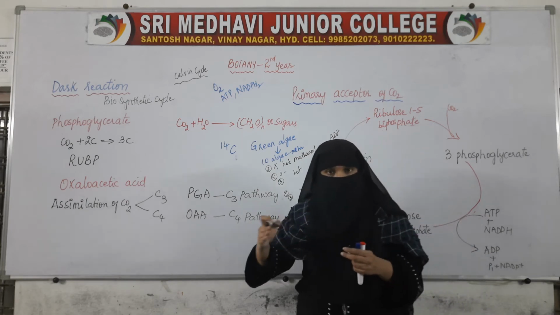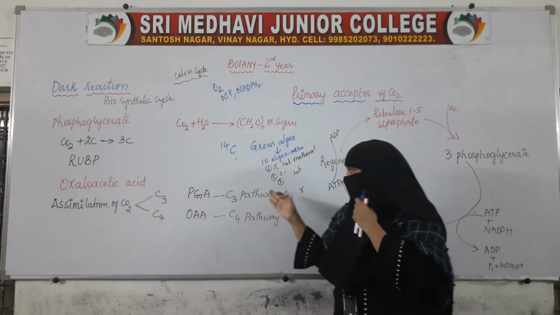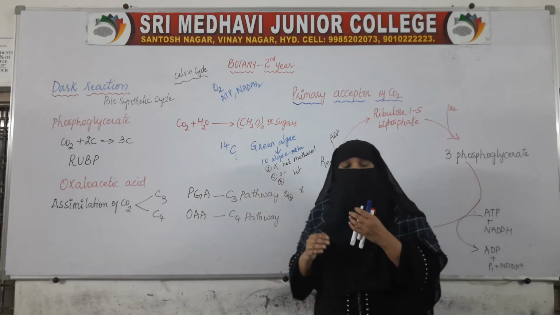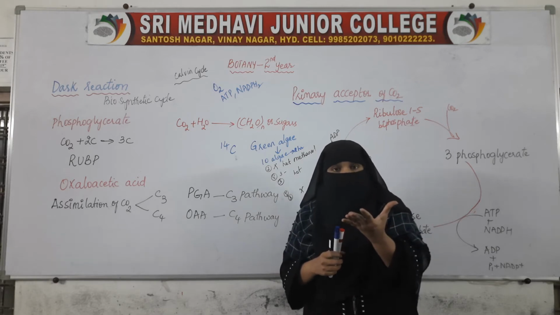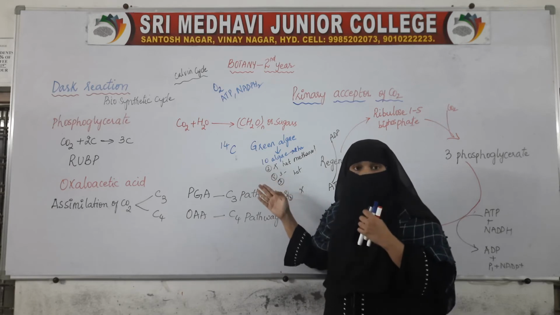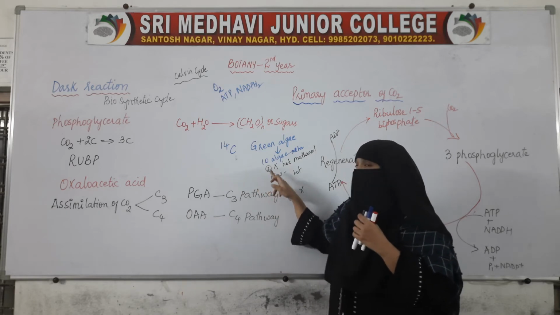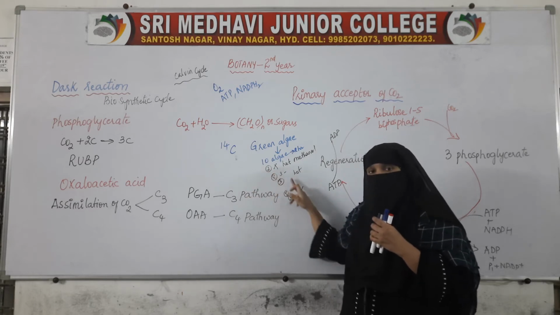Like this he did his experiment, and by killing the alga he traced what is present inside them when you open their bodies. If they have performed photosynthesis, what is the product formed first? Then what is the next product formed?